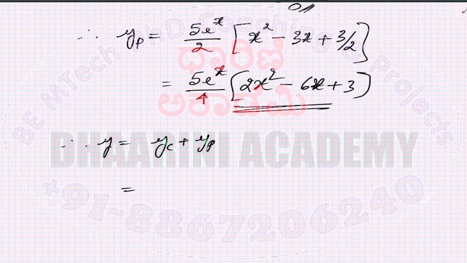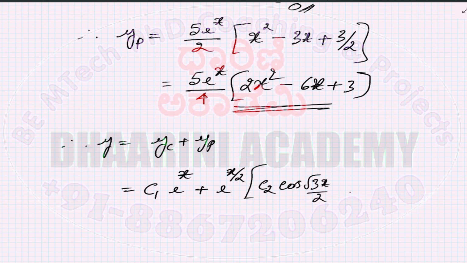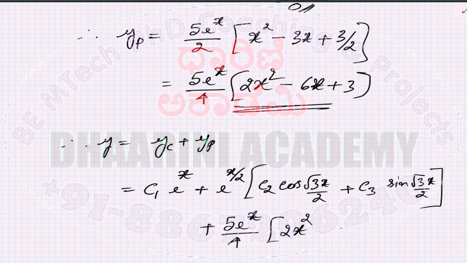Recall we got the yc as a constant c1 into e to the x plus e to the x by 2 into c2 cos root 3x by 2 plus c3 sine root 3x by 2, plus 5 e to the x divided by 4 into 2x square minus 6x plus 3.